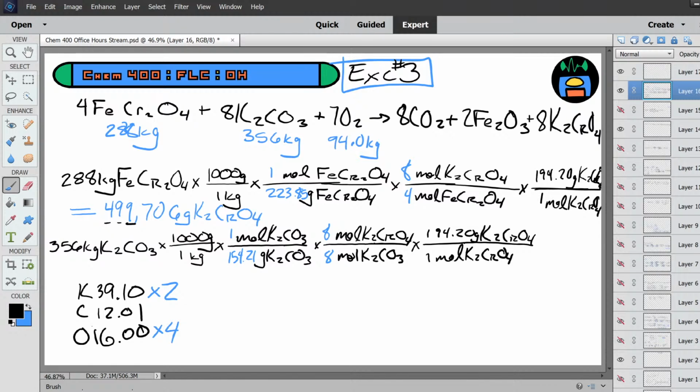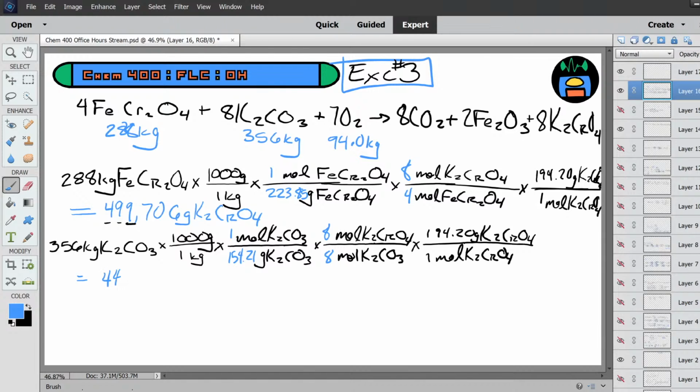All right, 356 times 1,000 divided by 154.21 times 8 divided by 8 times 194.2. This number also comes out to be huge.